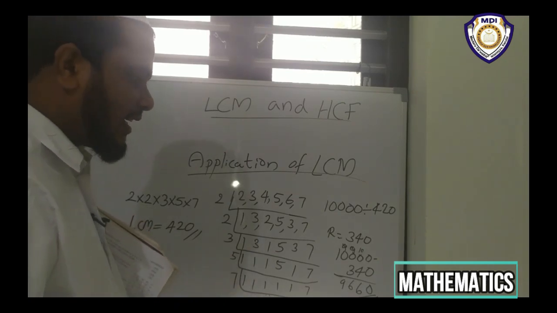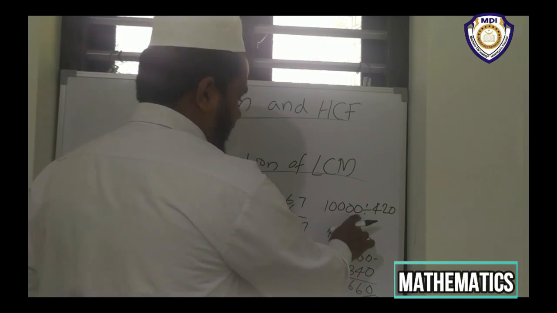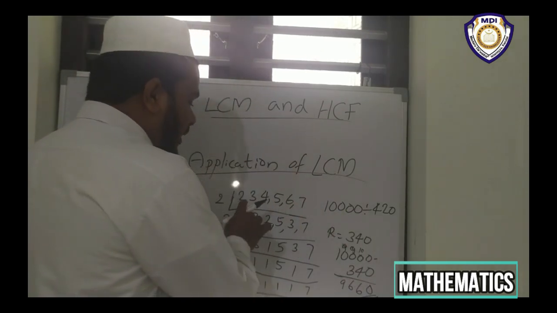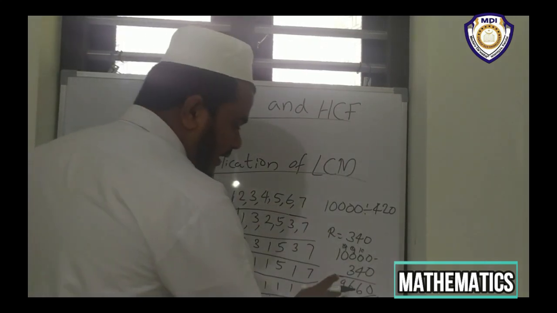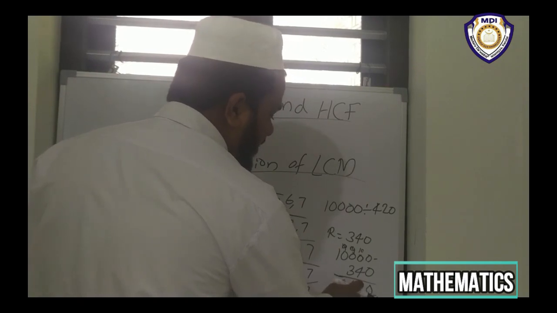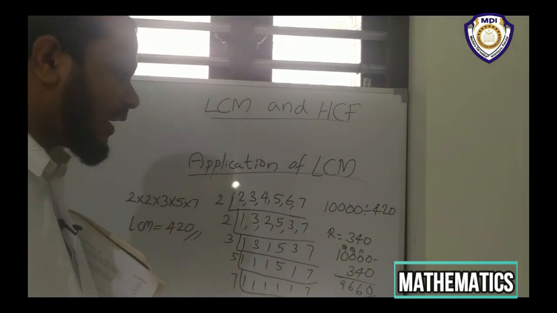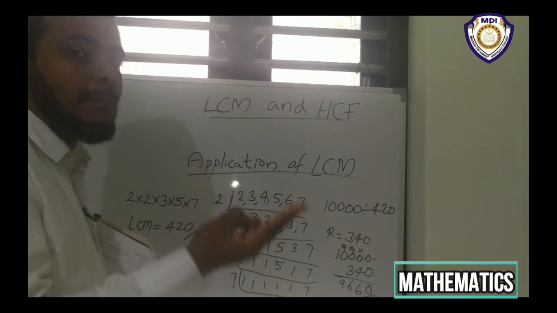Please listen here: the nearest number to 10,000 divisible by 2, 3, 4, 5, 6, 7 is 9,660.